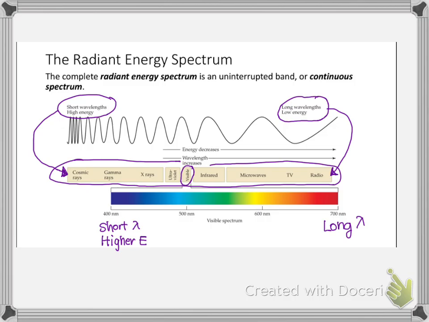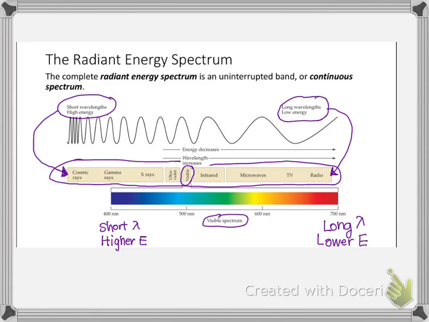Not the longest, right? It goes to radio. We're just looking at a teeny tiny bit. And this then has lower energy. So notice as you go through the visible part, the different colors are related to different wavelengths, which then can also be related to different energies.